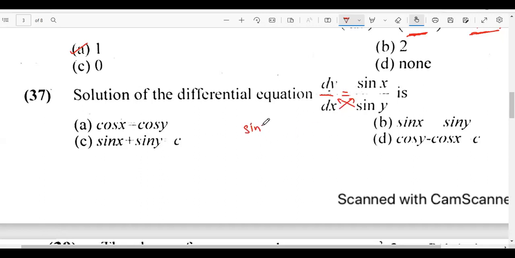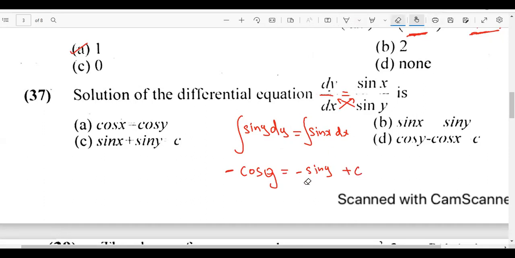So sine y into dy equals sine x into dx. Now we are supposed to integrate it. So the integration of sine y would be minus cos y equals minus cos x plus c. Sorry, this would be cos.